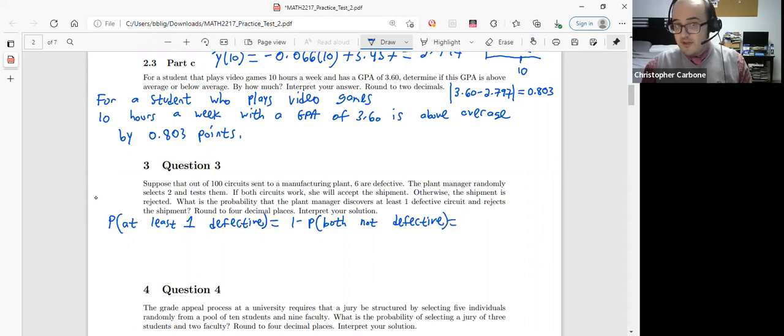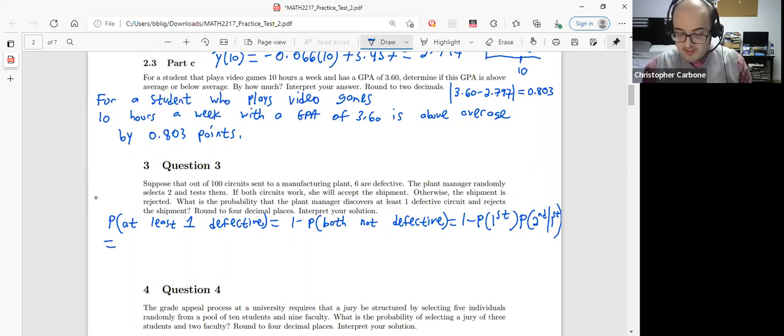But since these are dependent, not independent, we need to do this as 1 minus the probability of the first is not defective times the probability the second is not defective, given that the first is not defective.